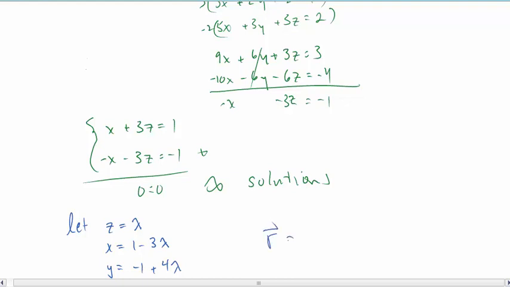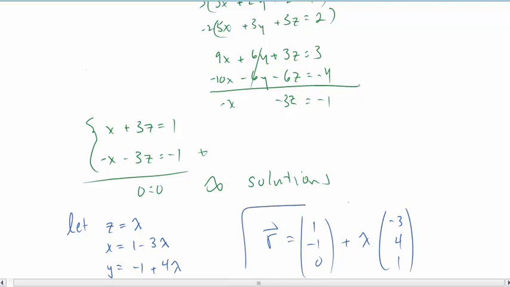We'll call it r equals 1, negative 1, 0 as the emanating point, plus lambda times the direction vector, negative 3, that's the coefficient of lambda for x, 4, and 1. So infinite solutions that all lie on this line right here.